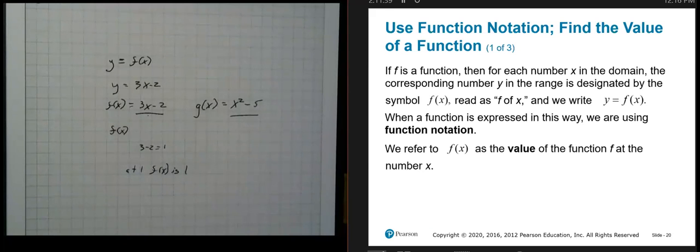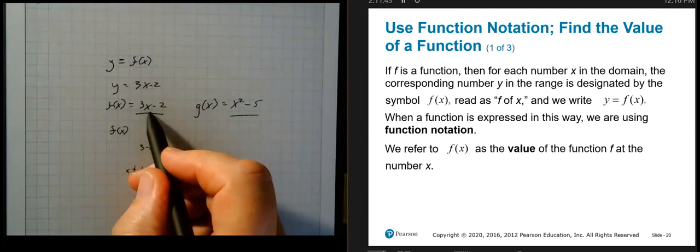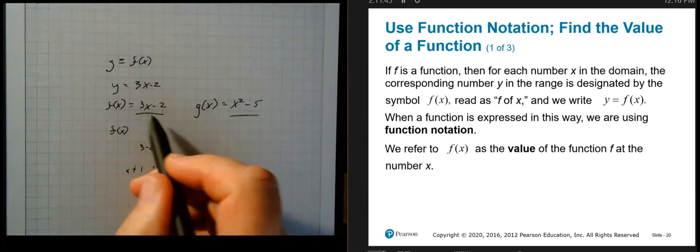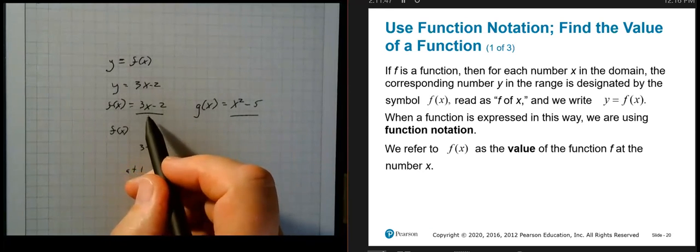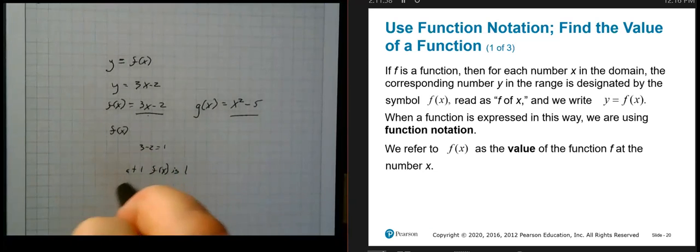Let me use a different number. Let's say 2. At 2, we get 4 because we get 3 times 2, 6. 6 minus 2 is 4. So the value of f is 4 at x equal to 2.